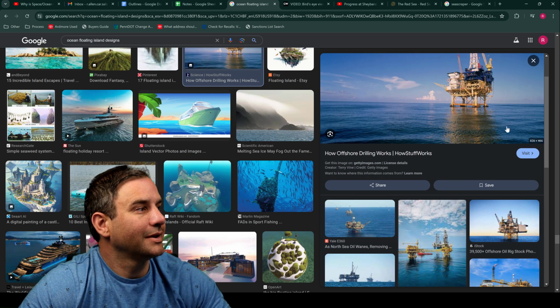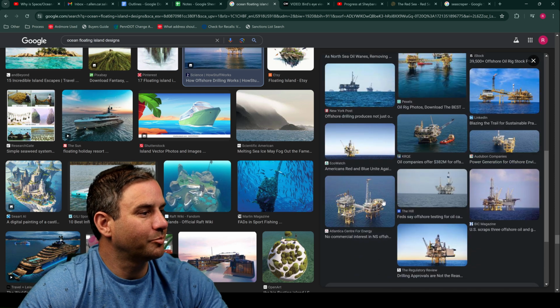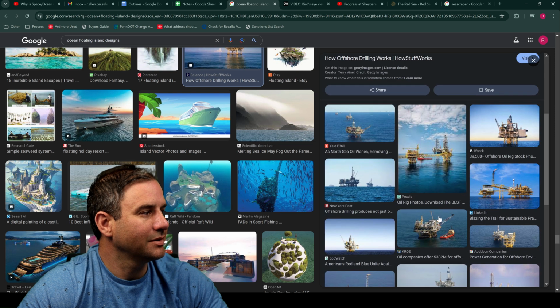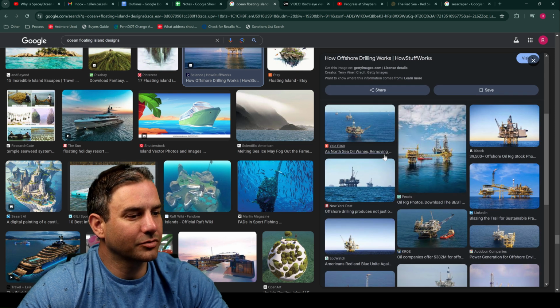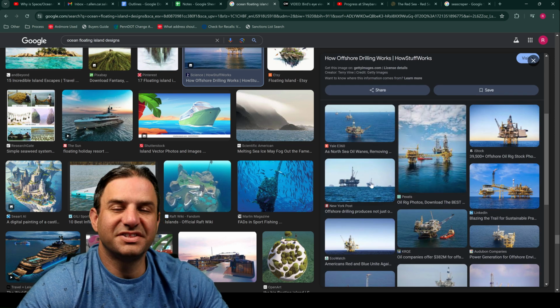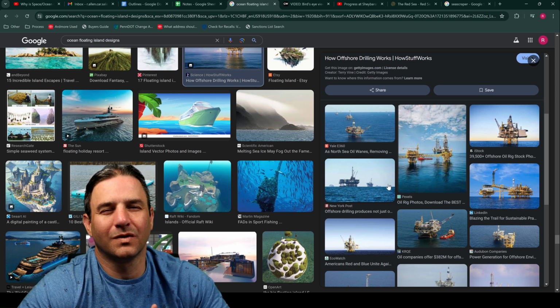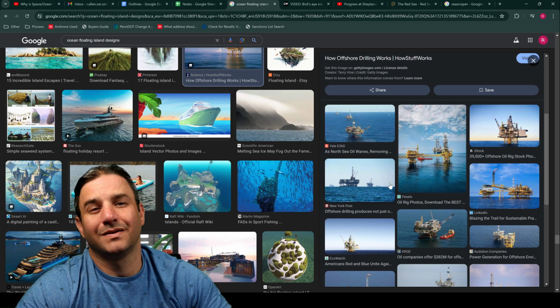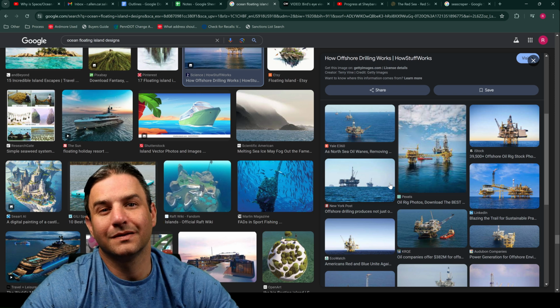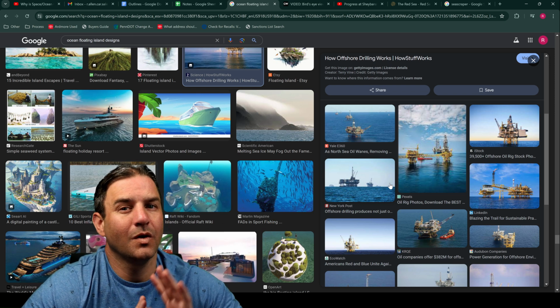So it's always been a great idea to buy existing oil structures. There's thousands of them. There's at least 6,000 of them in the Gulf of Mexico alone. And then you have some in the North Sea near England. You have tons of them all over the world.